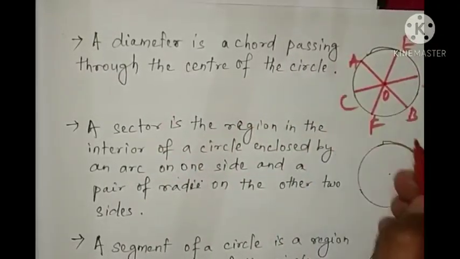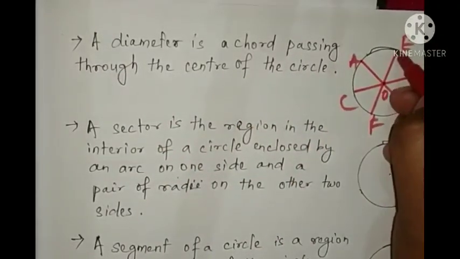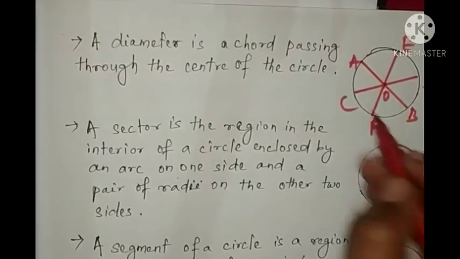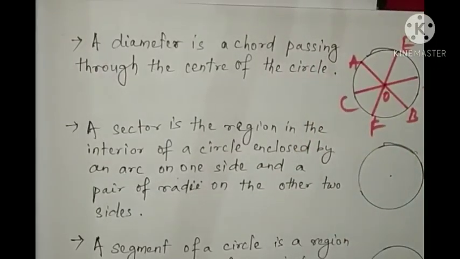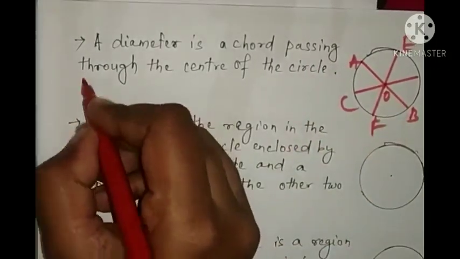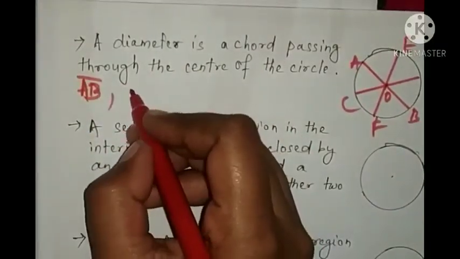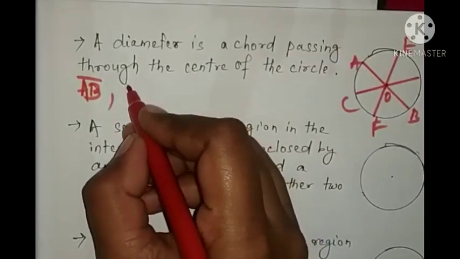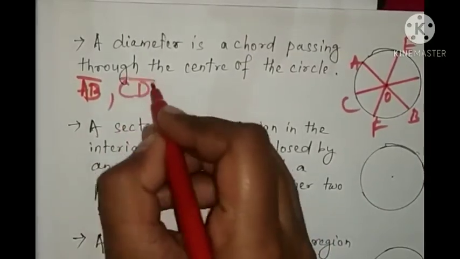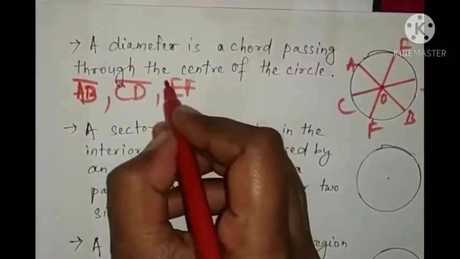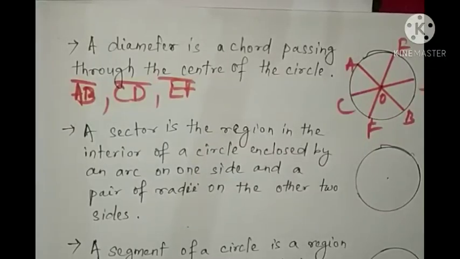All these chords are passing through the center of the circle. That's why these are called diameters. So the diameters here are AB, then CD, then EF. These are the diameters of the circle.